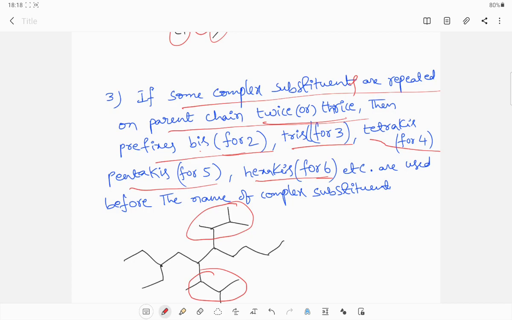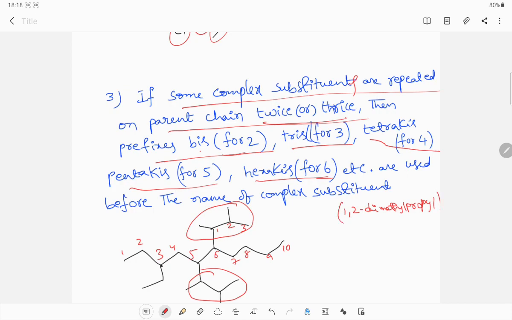Now look, and give the names. First numbering is important. 1 2 3 4 5 6 7 8 9 10. Look students, the directly attached carbon is first carbon, second carbon, third carbon. 1,2-dimethyl propyl, 1 comma 2 dimethyl propyl. This is the complex substituent. It is repeated 2 times.